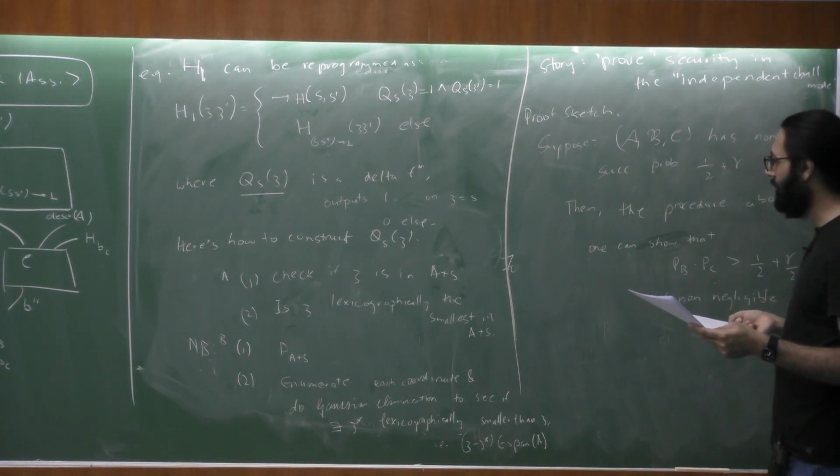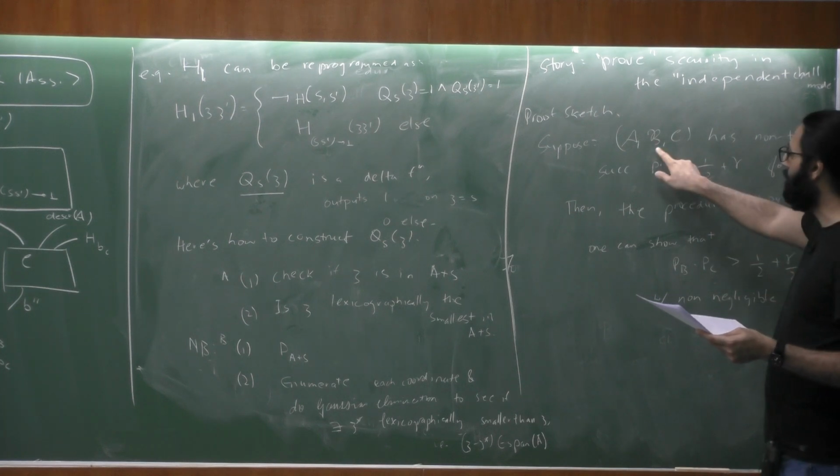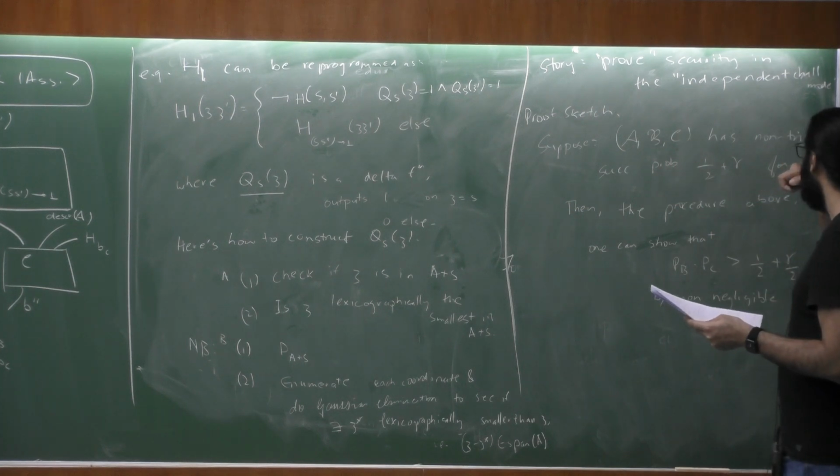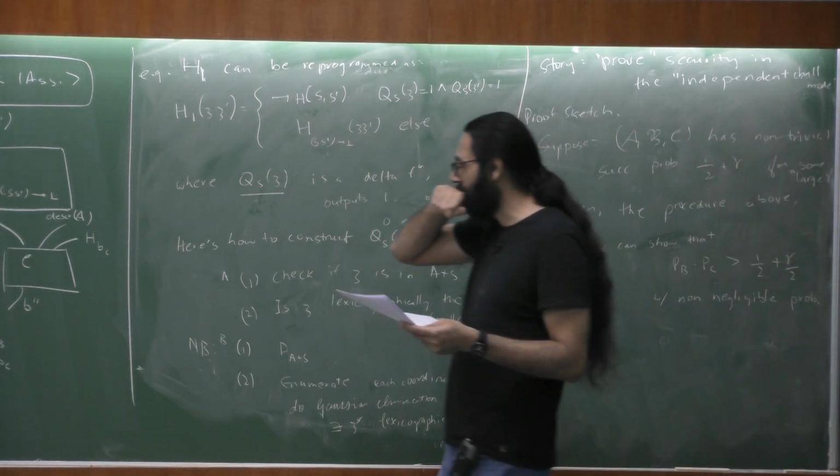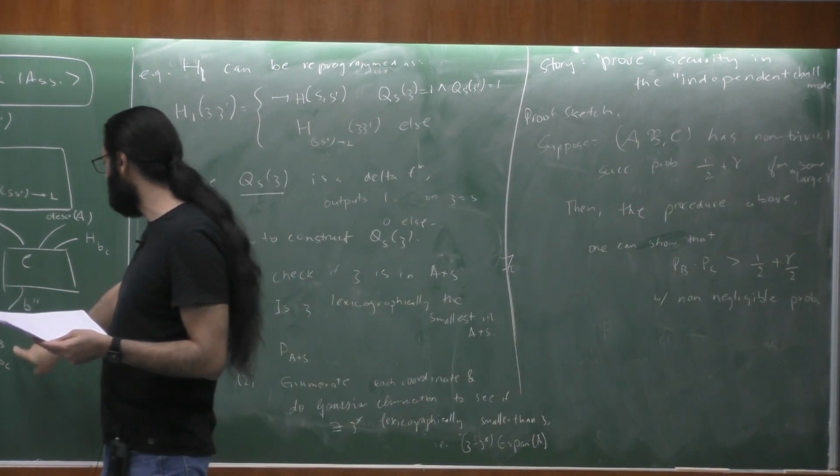Because PB, PC we just defined to be the success probability of B and C, right? So obviously the product will give you the full success probability just from here.